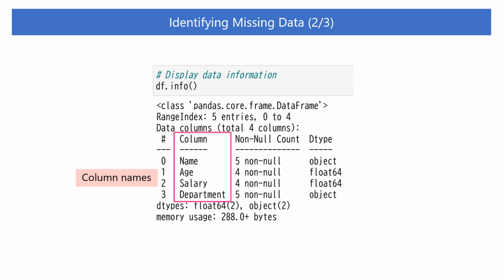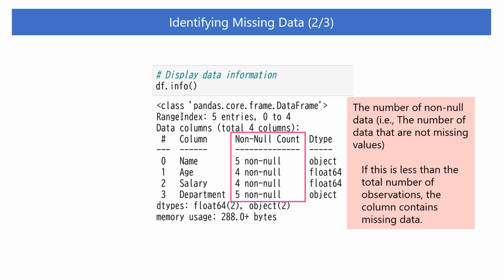A list of column names, that is, variable names, is also shown here. To the right of the column name, the number of non-null data is displayed. Non-null refers to data that is not missing data.